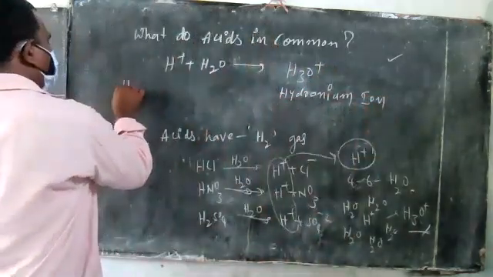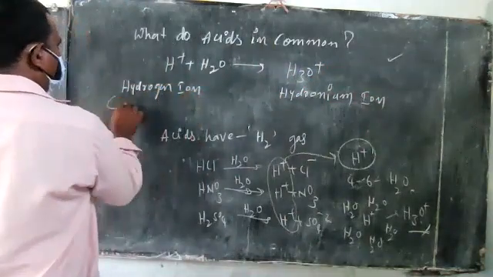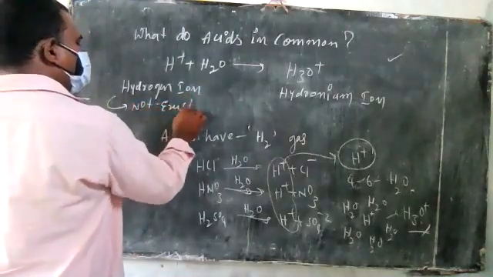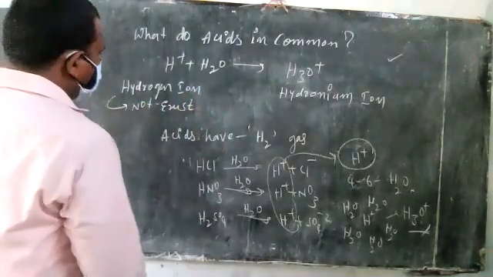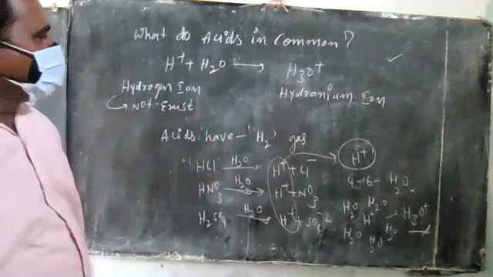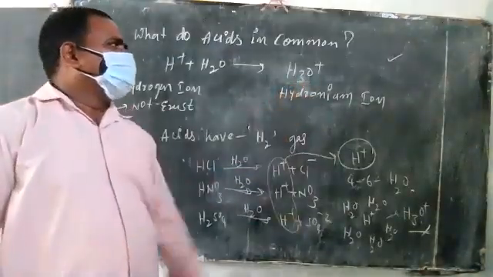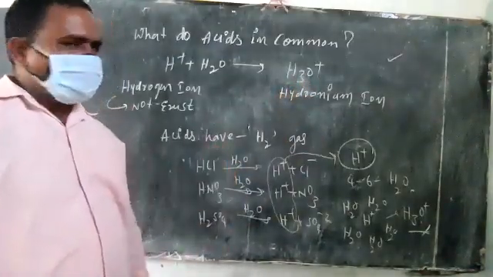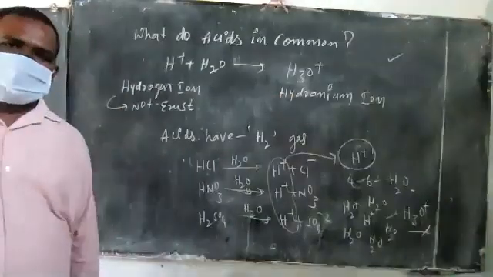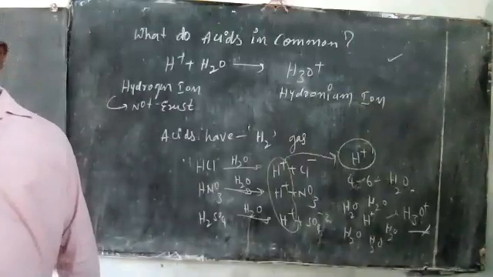Hydrogen ion is also okay, but this hydrogen ion does not exist by itself. It immediately combines with any one water molecule to form H3O+. So what acids have in common is the H+ ion or H3O+ ion.